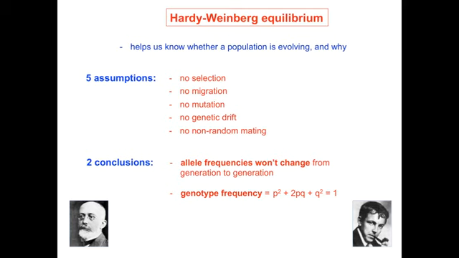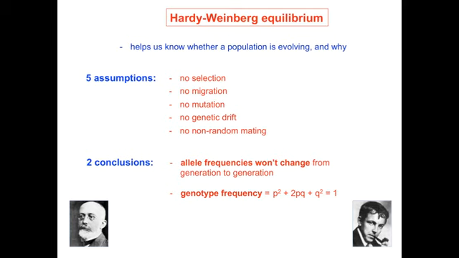These mathematical expressions, which we won't be deriving, but will be talking about in a fair amount of depth during the next couple of weeks, help us understand whether a population is evolving and why.